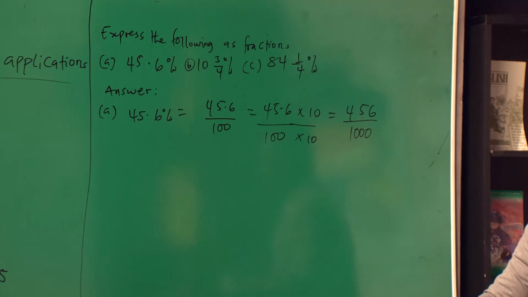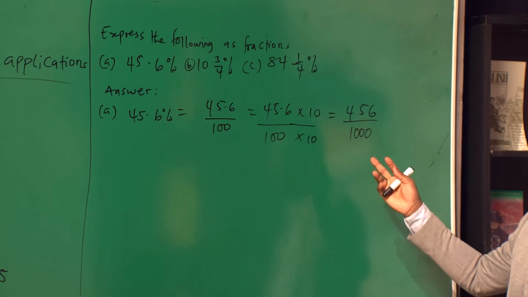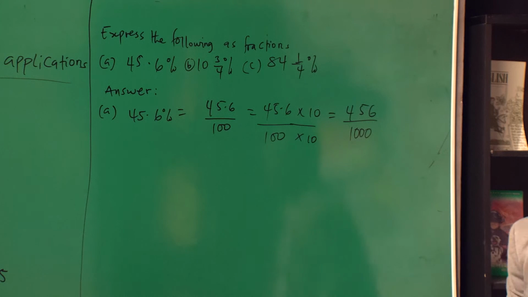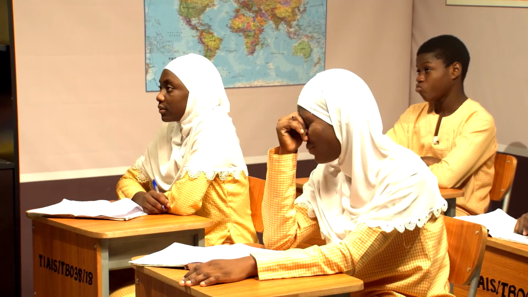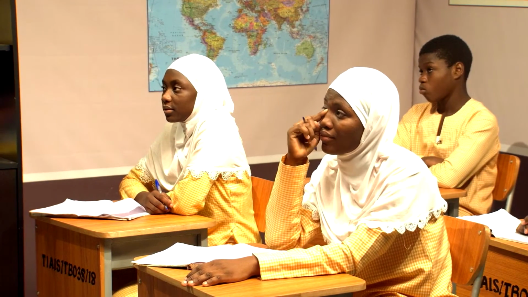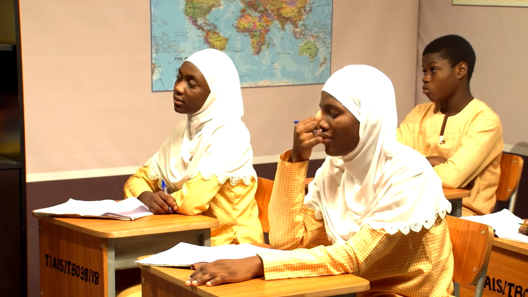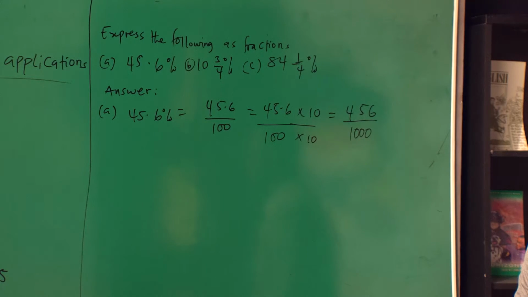You need to work on it further by finding a common factor that can go into 456 and also can go into 1,000. Are you okay? So Asifa, what do we use? Three.